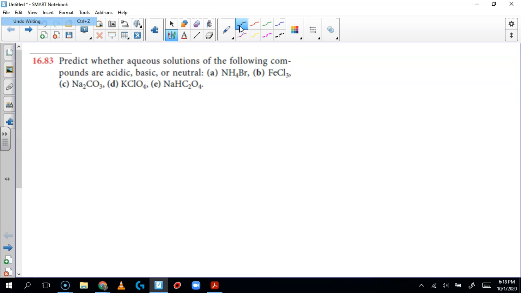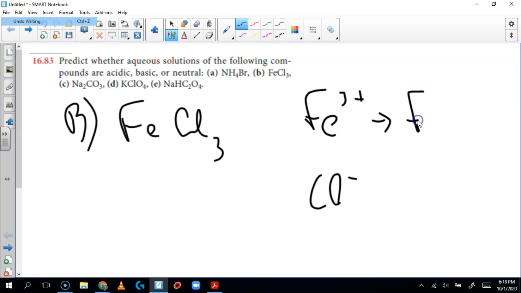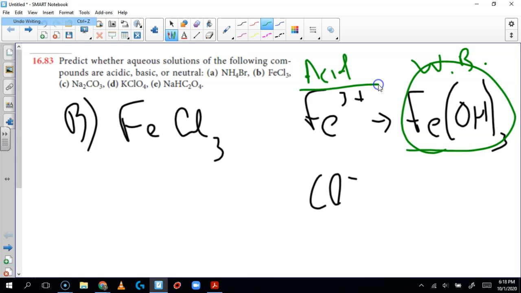So now let's look at iron 3 chloride, part B of this same problem, FeCl3. So we have Fe 3 plus and Cl minus. When Fe 3 plus reacts with water, it forms the weak base iron 3 hydroxide. This is a weak base, so therefore Fe 3 plus is an acid, and that contributes to the pH.